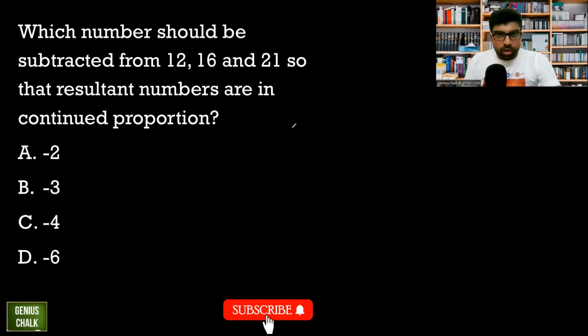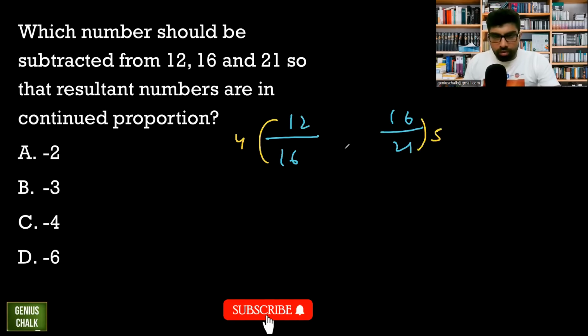Let me show you. 12 and 16, then 16 and 21. If you subtract, the difference here is 4. The difference here is 5. So multiplying this by 5, multiplying this by 4. So this is how much? 60 minus 5x. Are you getting? 60 minus 5x.